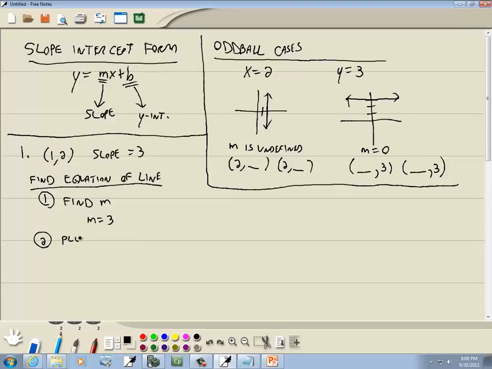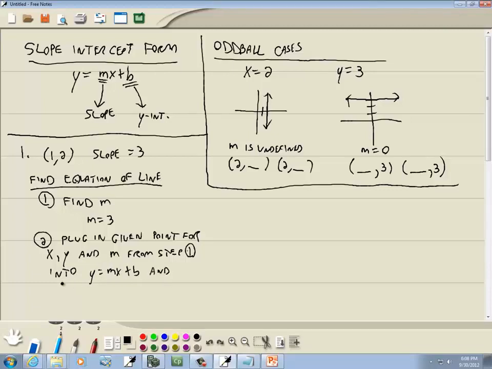And step 2, plug in the given point for x and y, and m from step 1, into y equals mx plus b, and solve for b.